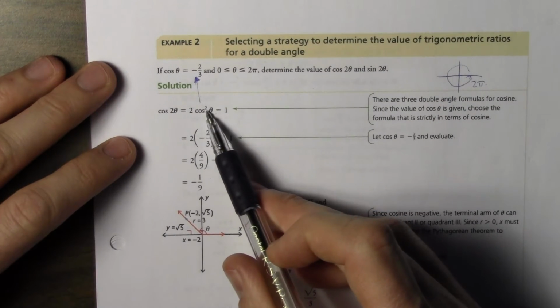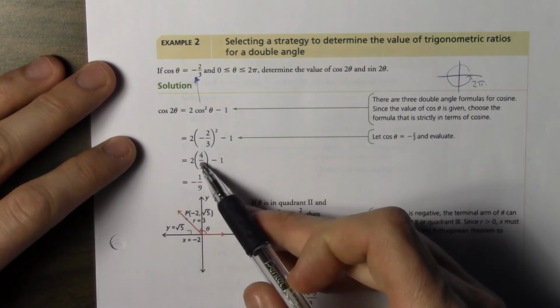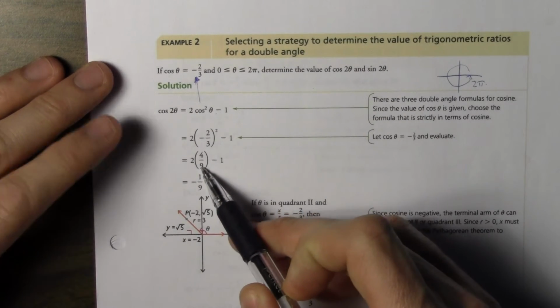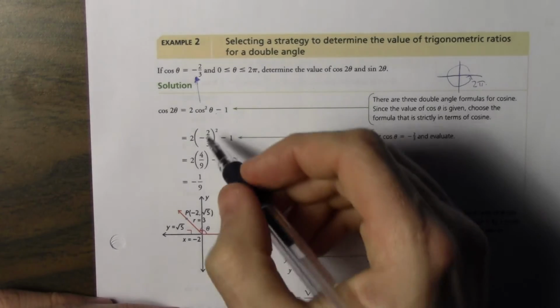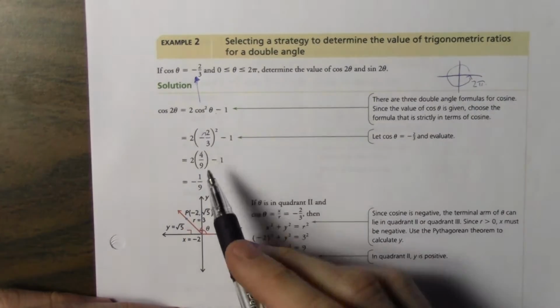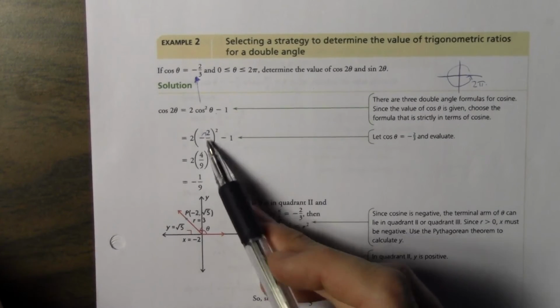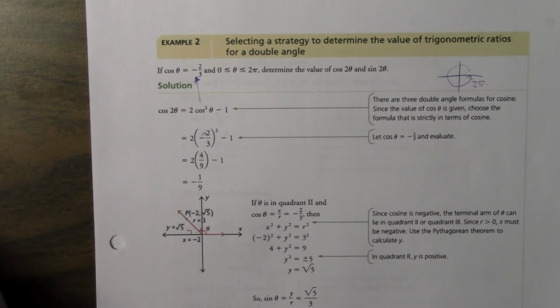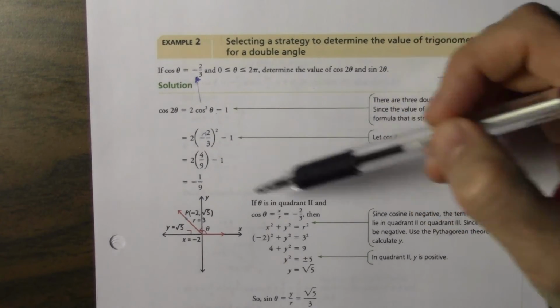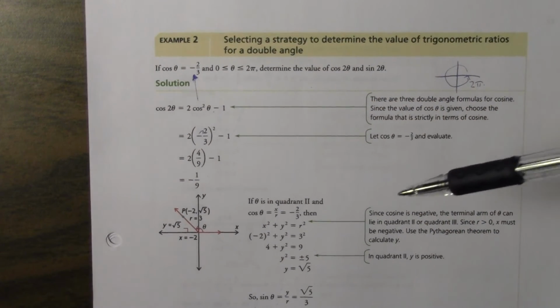Substituting in for cos x, negative 2/3 squared becomes positive 4 over positive 9. Careful with this negative sign. Make sure you attribute it only to the numerator or only to the denominator. Don't attribute it to both. Actually, it would have been positive either way, so it wouldn't have mattered, but you should be careful of that anyways.